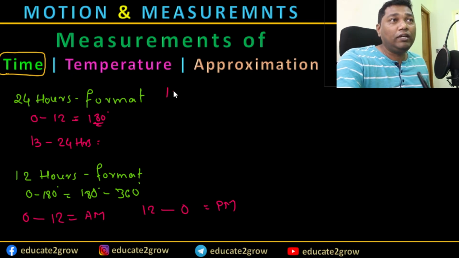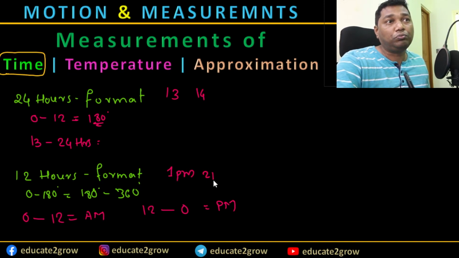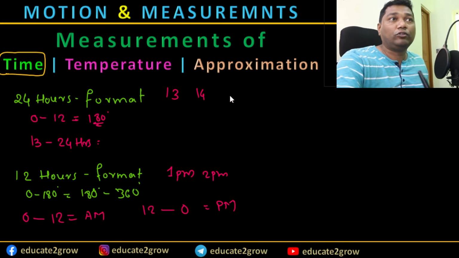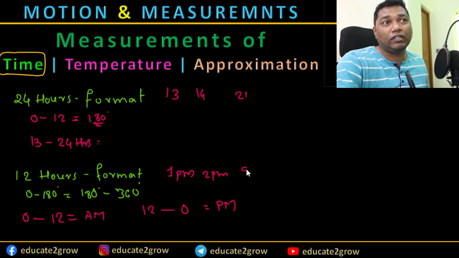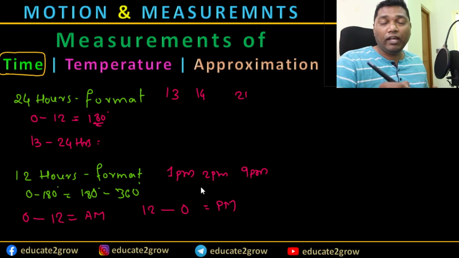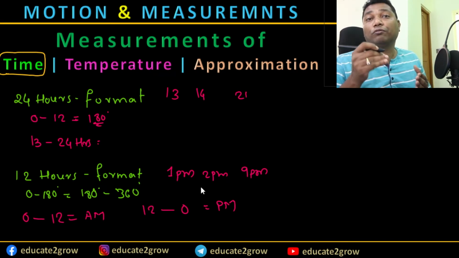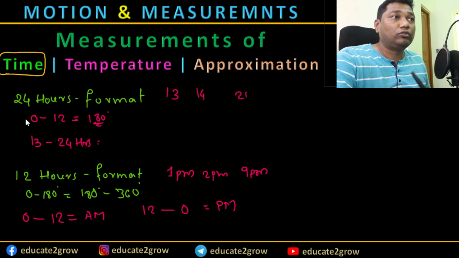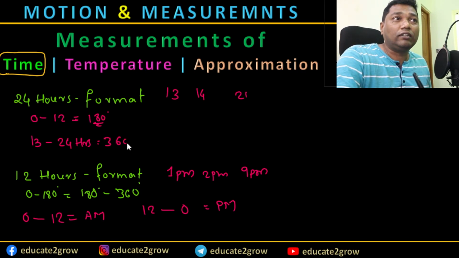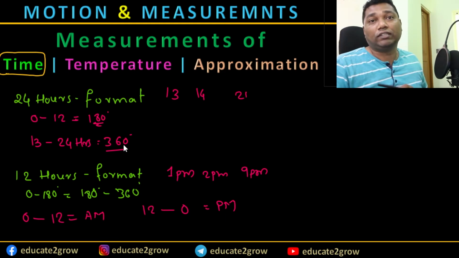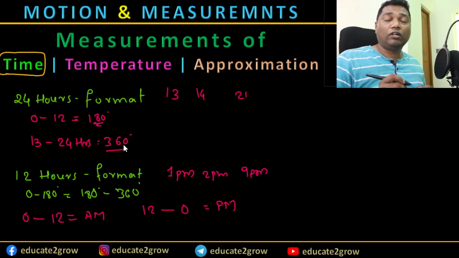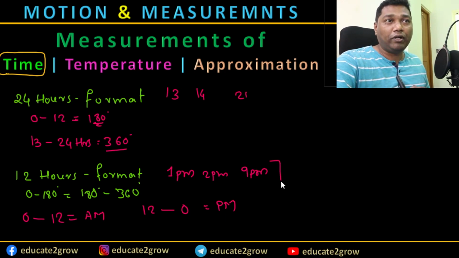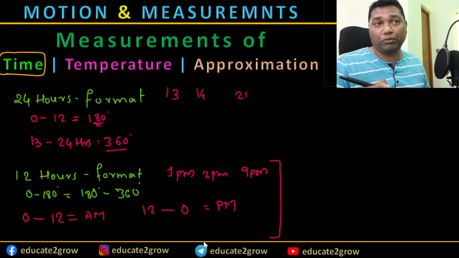So 13 with respect to the 12 hours format is 1 PM, and 14 is 2 PM. So 21 hours means it's 9 PM. Like that is the conversion between the 24 hours format and the 12 hours format. Here the earth rotates completely 360. These are implemented for the purpose of simplification.